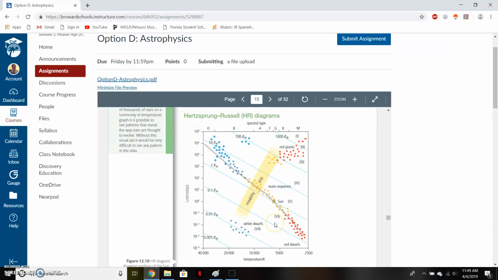Because they approximate it to 3.84 times 10 to the 26 in the last equation, I'm just going to do that here.